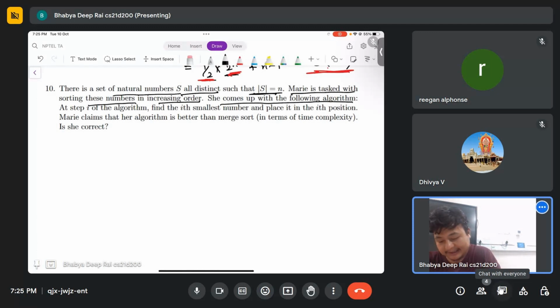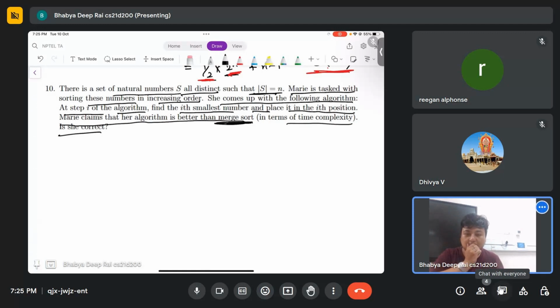At step i of the algorithm, she finds the ith smallest number and places it in the ith position. Marie claims that her algorithm is better than merge sort. Remember merge sort, we saw it before in this particular session also, in terms of time complexity. Is she correct? So I'll give you an example.